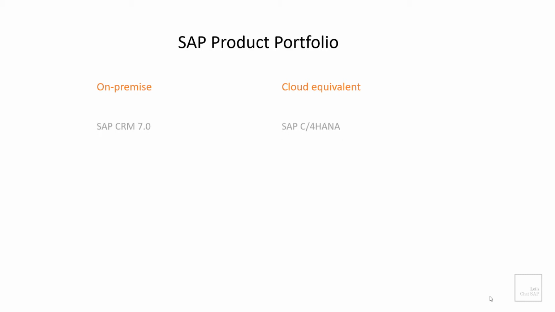Now let's get into the SAP side of things. If you happen to be in the SAP field, you might have already started to notice a pattern with SAP's product portfolio. For every on-premise application, SAP has also got a cloud equivalent. That cloud application might have either already replaced the on-premise version or will eventually become the successor of the on-premise version. For example, we talked about SAP's CRM software in the previous video. CRM 7.0 is the on-premise version, whereas C4HANA is its cloud equivalent.